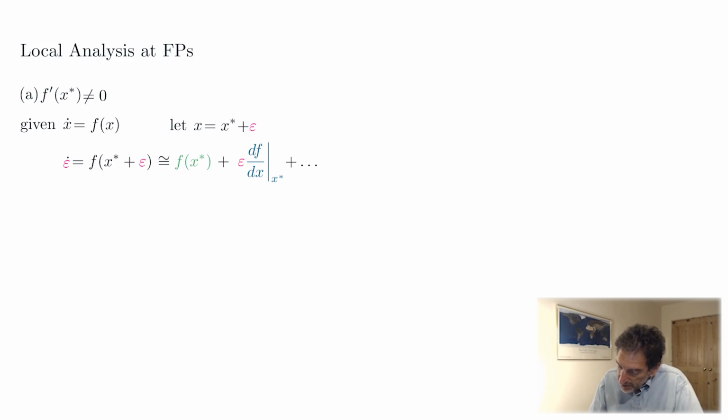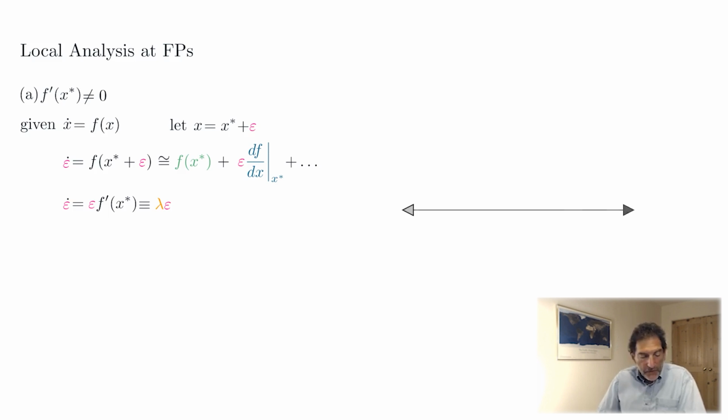And by construction, the definition of the fixed point is that f is equal to 0 at x star. So the zeroth order term is equal to 0, and we're just left with the first order term, epsilon times f prime of x star, shorthand notation. And I'll define this thing to be lambda times epsilon. So lambda is the first derivative.